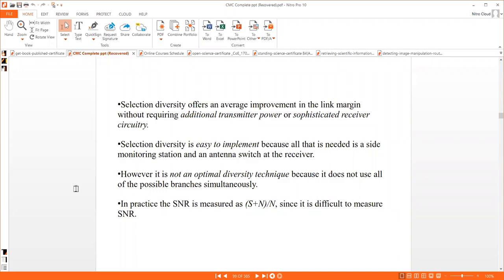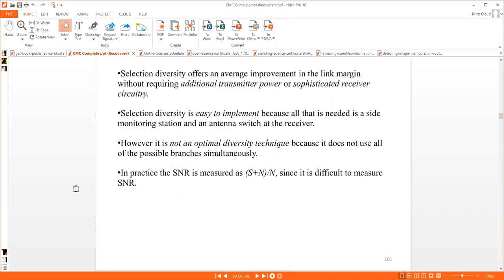For selection diversity, it is very difficult to measure the signal to noise ratio because we are not going to use all the branches, all the paths, simultaneously. We use only a few selected ones, and hence measuring the SNR is a very difficult task in selection diversity techniques.